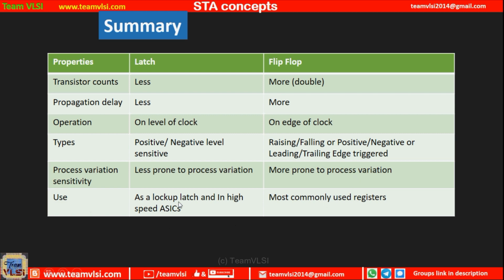Uses: as a lockup latch for hold fixing, we widely use latches, and in high speed, high frequency ASICs, latches are used. And flip flops are most commonly used as registers. They are widely used.